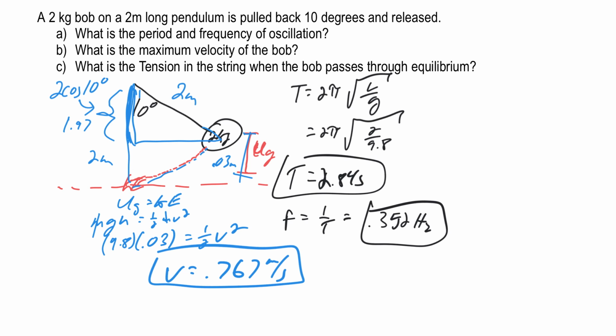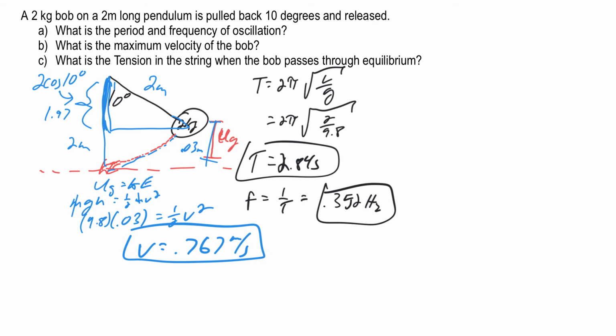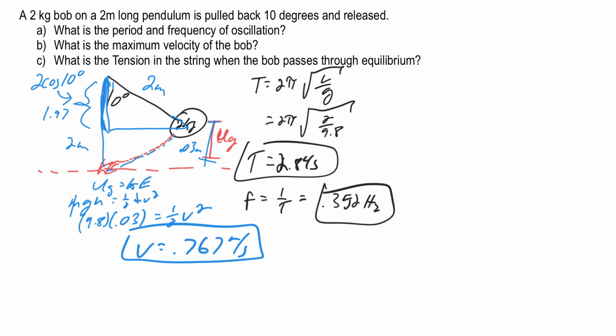All right, what's the tension in the string? All right, honestly, guys, this is a concept we haven't learned yet. But if you come back to this video, or if in a future year I teach the sequence differently, then you would know how to do it. But for now, I'm just going to do it so it's in the video in case I change the sequence in the future.